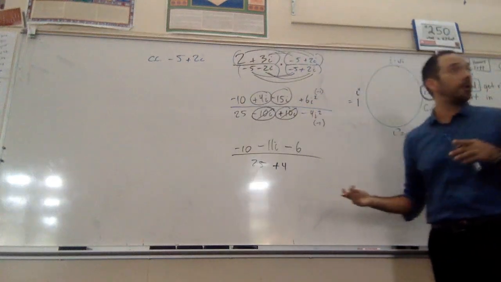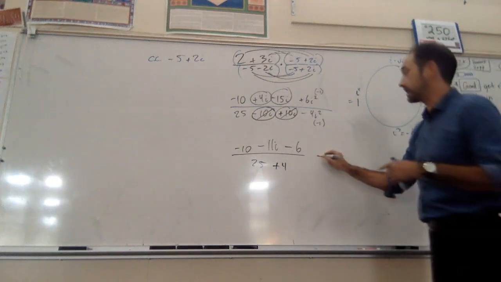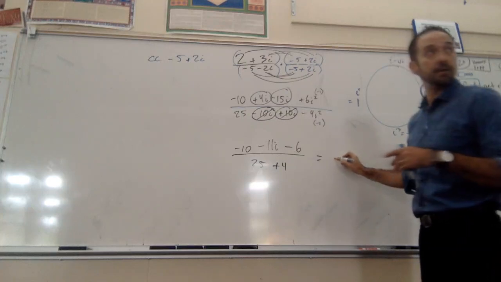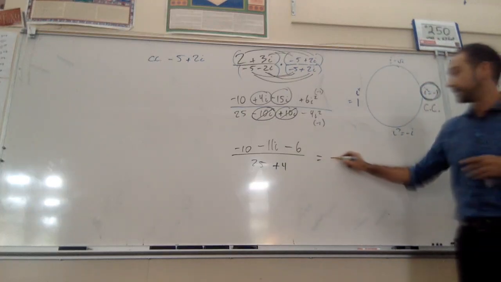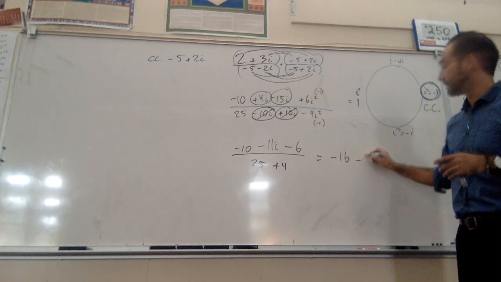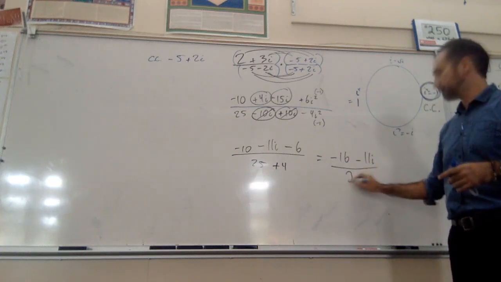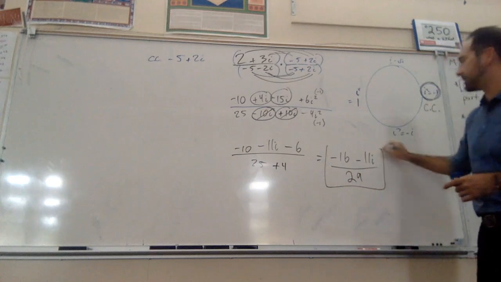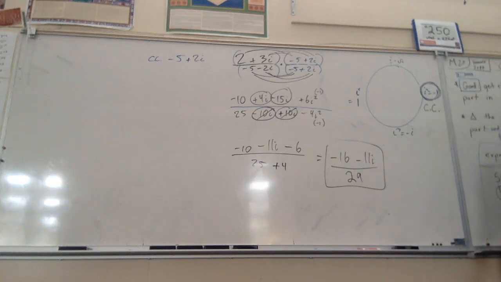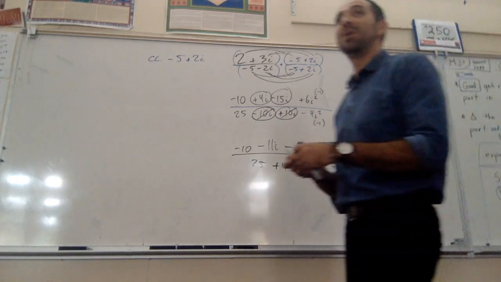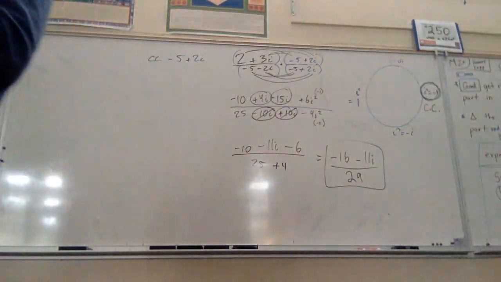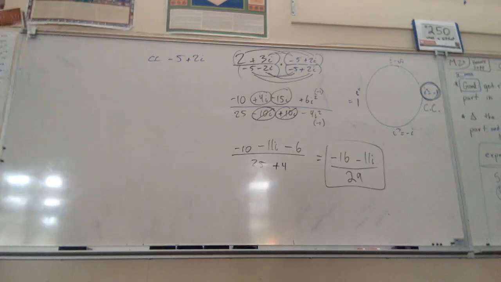It's nice how most of it falls off, right? Okay, so then we go over here, combine the real numbers. Negative 16. Keep going. Can we reduce those? No way. You've got an 11 in there. You can't do anything else.